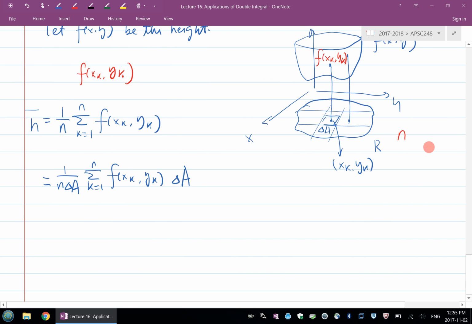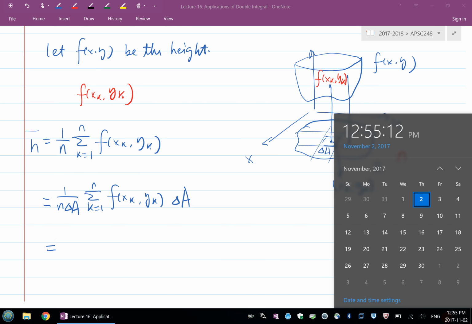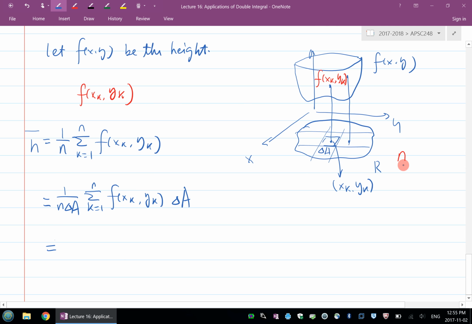By doing so, as you can see, this n times delta A, the number of patches times the small area of one patch, what does that give you? It should give me the area, approximately. So basically, this should give me the area of this region R here.